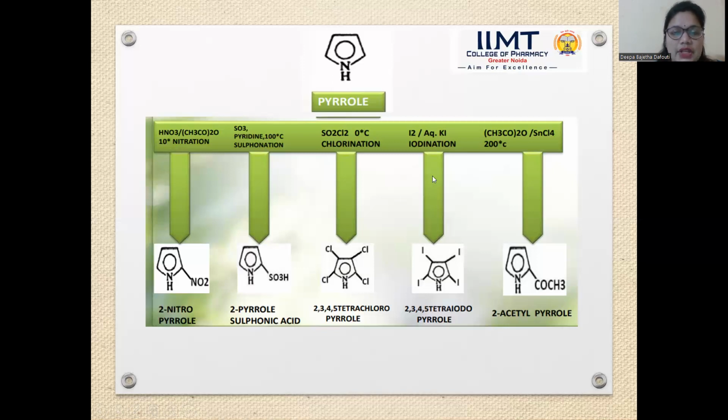And in the iodination reaction, pyrrole is treated with iodine in the presence of aqueous potassium iodide, and it gives 2,3,4,5-tetraiodopyrrole. And in the acetylation reaction, it gives 2-acetylpyrrole when we treat pyrrole with tin tetrachloride in the presence of acetic anhydride at 200 degrees Celsius.